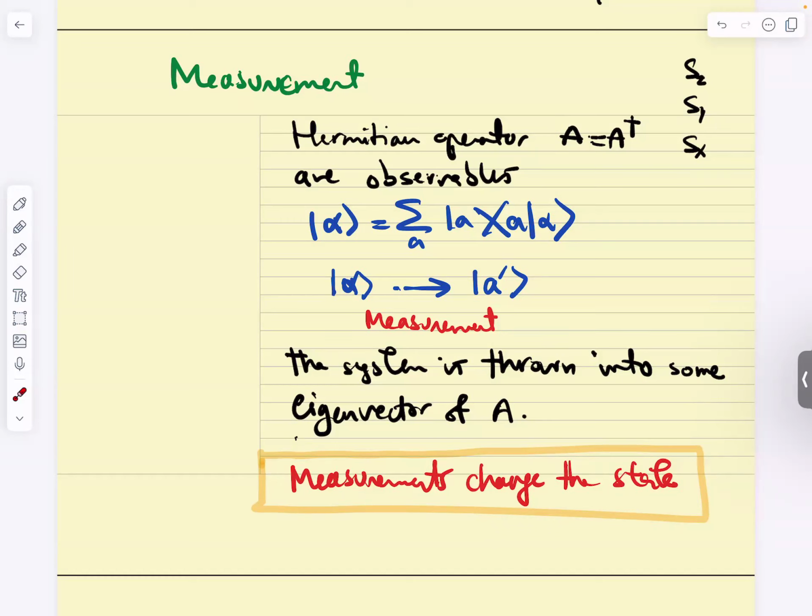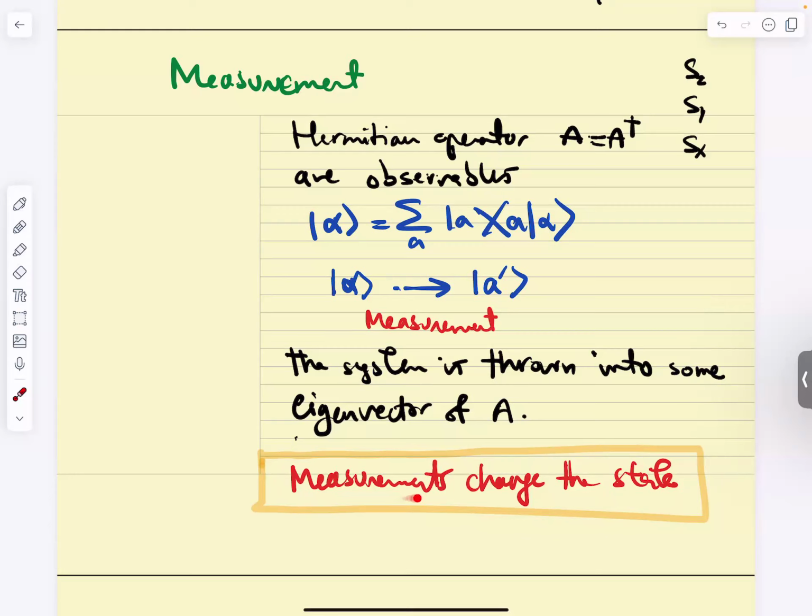But after the measurement happens, the state just arbitrarily goes to, well, I'll describe, one of the eigenkets. So before, it comes in as a superposition of the eigenkets of the measurement, what comes out is an eigenket, always. So you could say that the measurement throws the system into some eigenket, eigenvector.